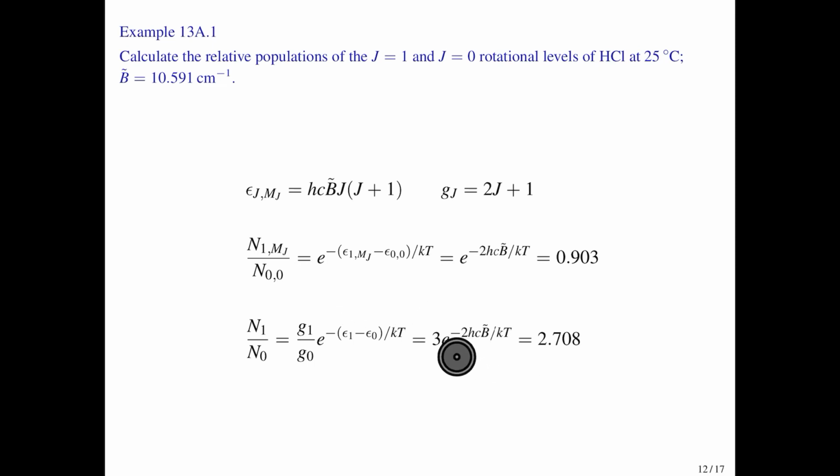Okay, you'll find that it's something related to the rotational constant, and then you calculate this quantity, and it gives you a ratio of 2.7. This tells us that at 25 degrees Celsius, you're going to have 2.7 times more molecules in the J equals 1 energy level than you will in the J equals 0 energy level.